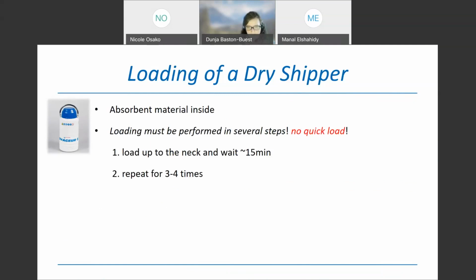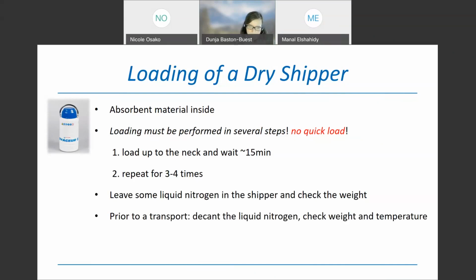You need to load it once up to the neck and then wait for 15 minutes so that the absorbent material can absorb the liquid nitrogen. And then you have to repeat these steps about 3 or 4 times. Then you should leave some liquid nitrogen in the shipper and check the weight. And just prior to the transport, decant the liquid nitrogen, check the weight again and the temperature too.